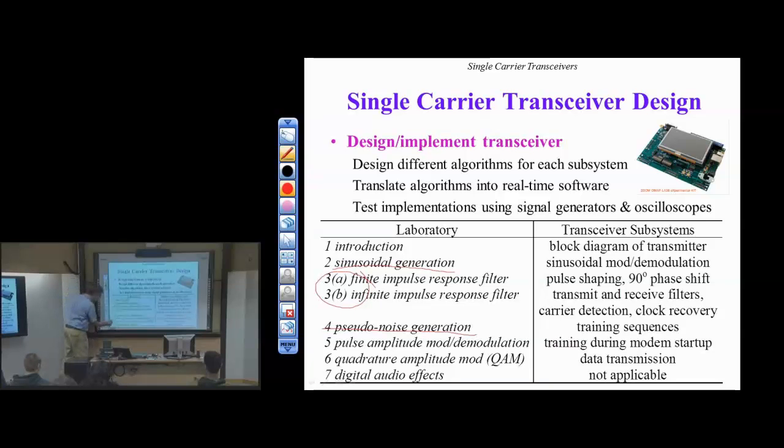We'll then do two labs specific to communication systems, digital communication systems, and then lab 7 will be digital audio effects, guitar effects. Now, I point out on the right-hand side that these building blocks in labs 2 through 4, and lab 1 is just a general introduction, so it's also useful generically, is how does that translate into communication system algorithms, operations, and subsystems.